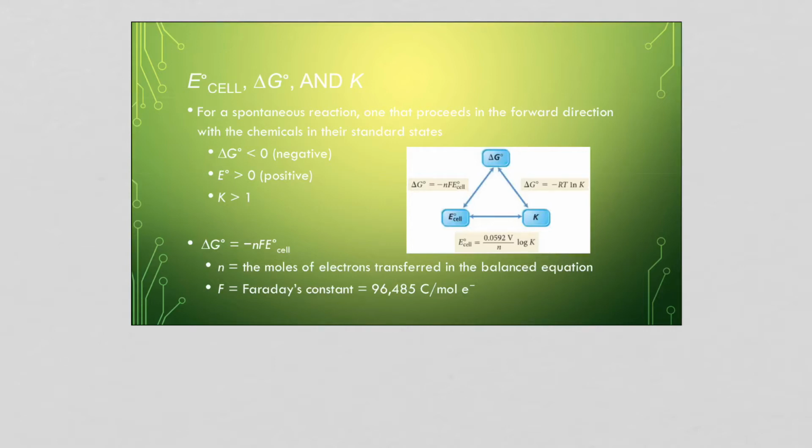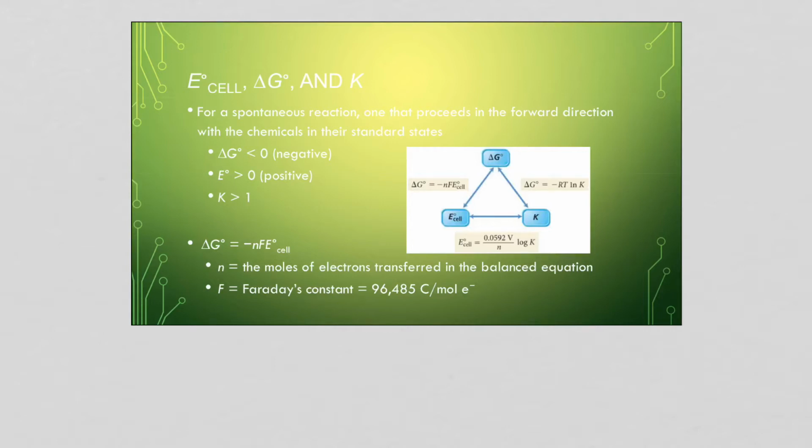Now, to further look at these values that tell us about the spontaneity, in Chapter 19 we looked at the connection between the equilibrium constant and a spontaneous reaction. We talked about how spontaneous reactions will have equilibrium constants greater than 1, or in other words, very product-favored equilibrium constants. And we developed an equation to do that.